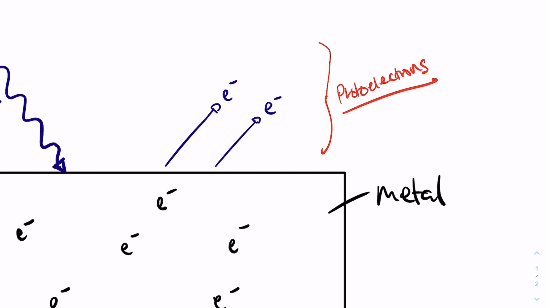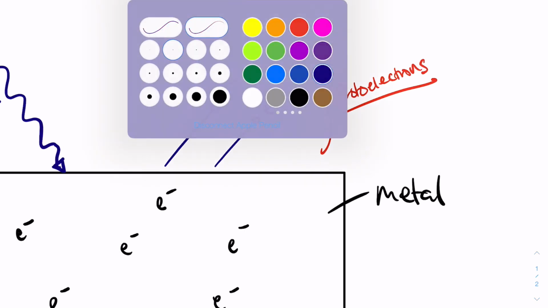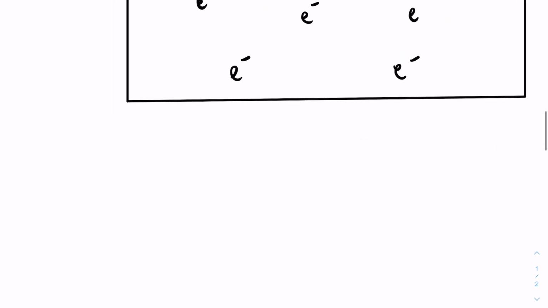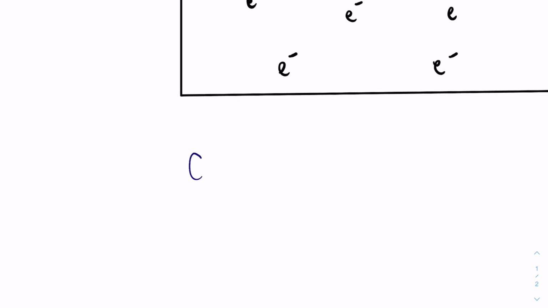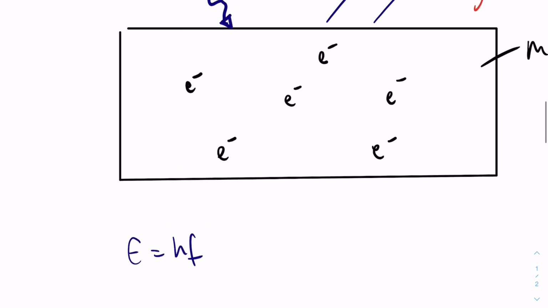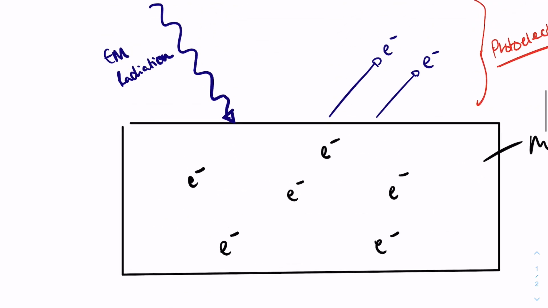And so let's do a little bit of mathematics, and from last lesson we saw that the energy of the photon is equal to hf, so it depends only on the frequency. Let's say that you shone some red light onto this metal block, and no electrons came off the surface.